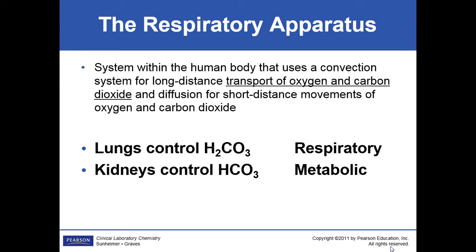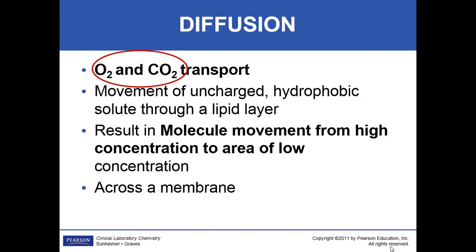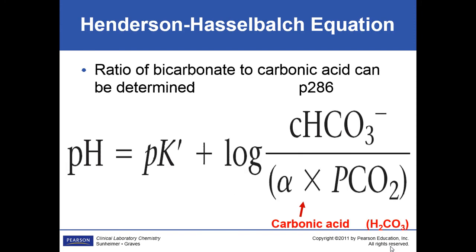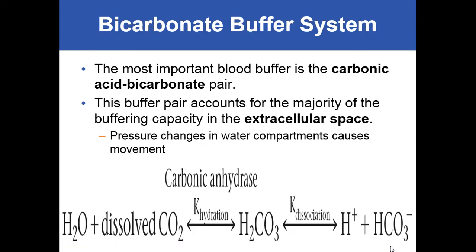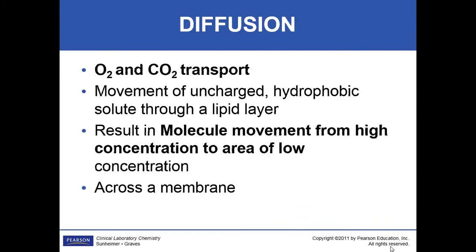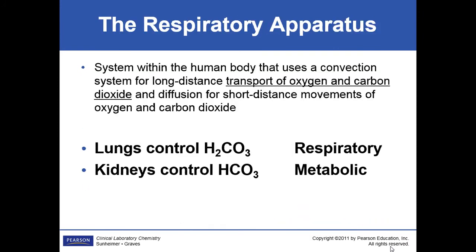The lungs take care of the carbonic acid. And just remember the carbonic acid, how it's related. We've got a hydrogen ion, bicarbonate, we've got CO2 here. Okay, so they're linked. So when we say respiratory, think CO2. When we say metabolic, think bicarbonate.